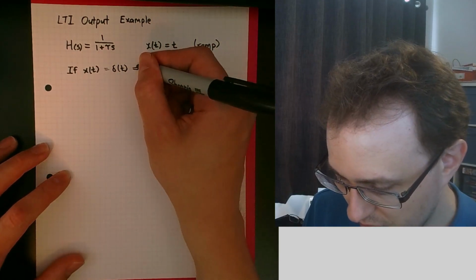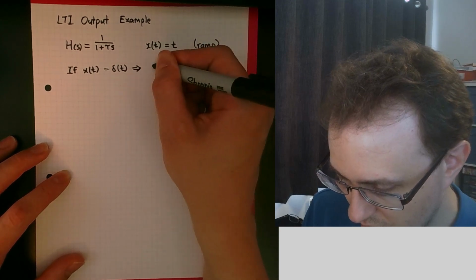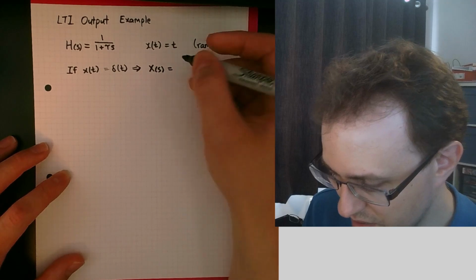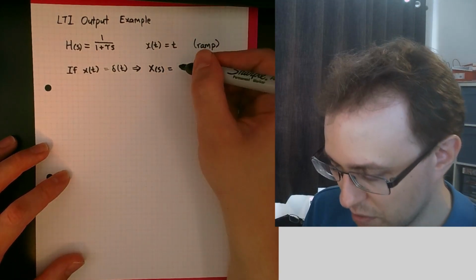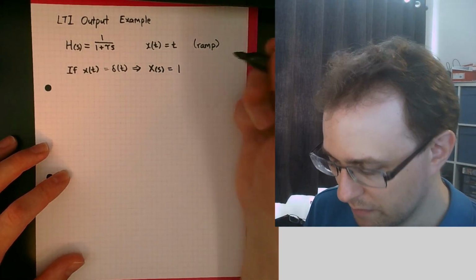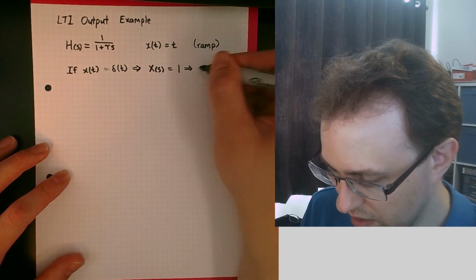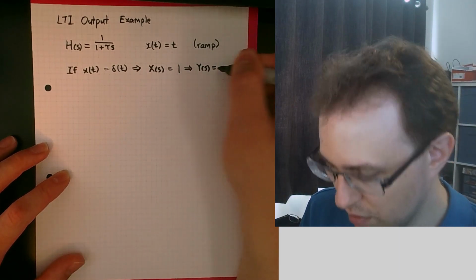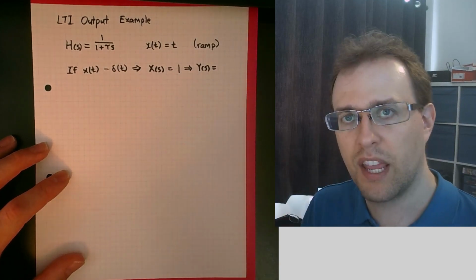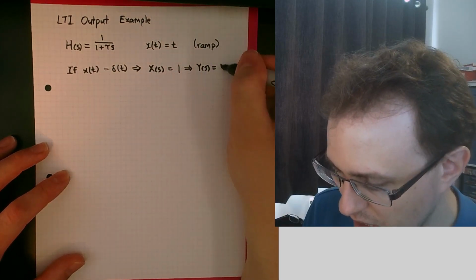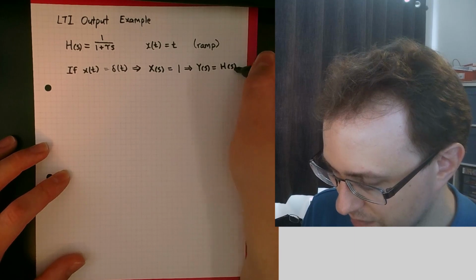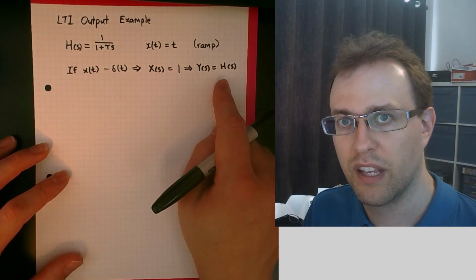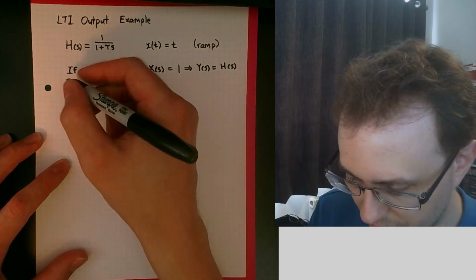So the corresponding Laplace domain X(s), we use uppercase when we go to the Laplace domain, that's simply equal to 1. If that were the case, then our output Y(s), which would be equal to X(s) times H(s), would then just be equal to H(s). And that's consistent with the definition of the system transfer function and the system impulse response.